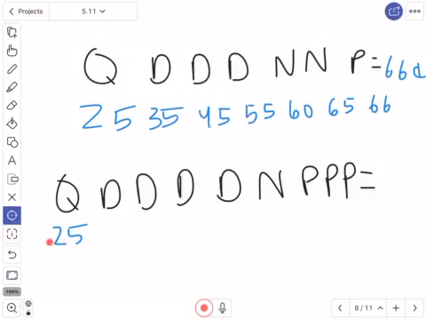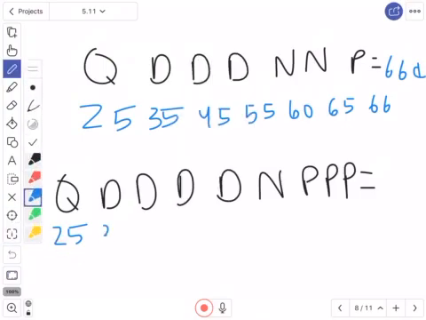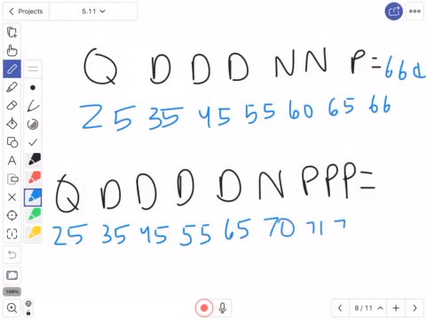It's just my tens place that's going to change. So then 35, another 10, 45, another 10, 55, another 10, 65, counted by 5, 70, then just count by ones, 71, 72, 73, so 73 cents.